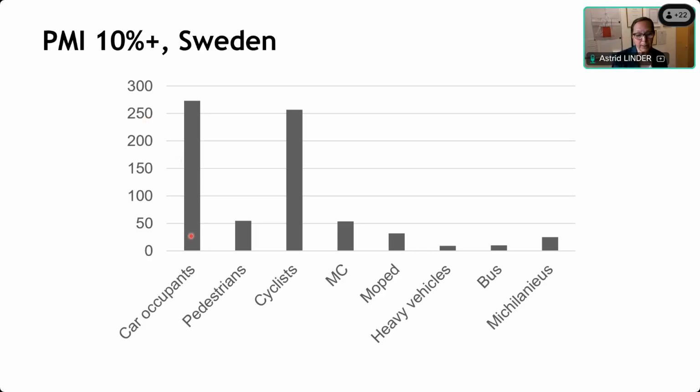And when we look at where these occur, these are figures from Sweden, we have two main categories. It's car occupants and it's cyclists. Of course, the categories have different injuries, but this is where we find the injuries with permanent medical impairment at 10% and higher.